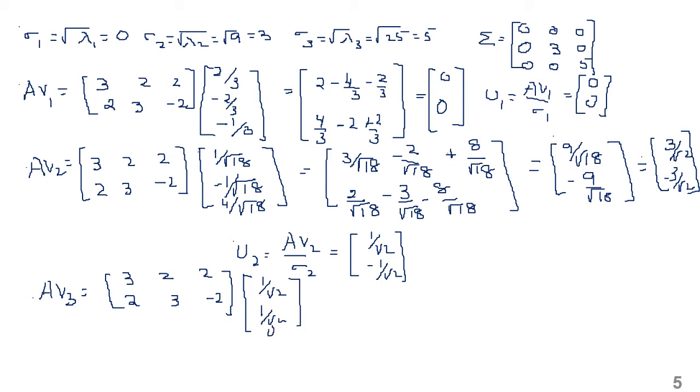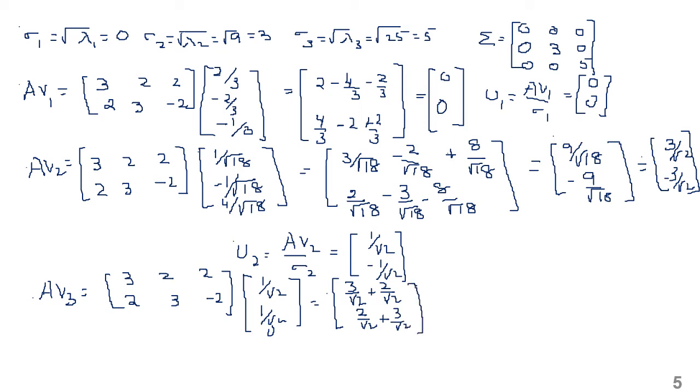Further simplification gives us 3 by root 2 plus 2 by root 2, 0, and 2 by root 2 plus 3 by root 2.